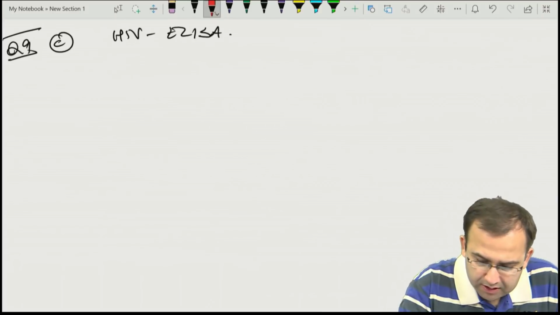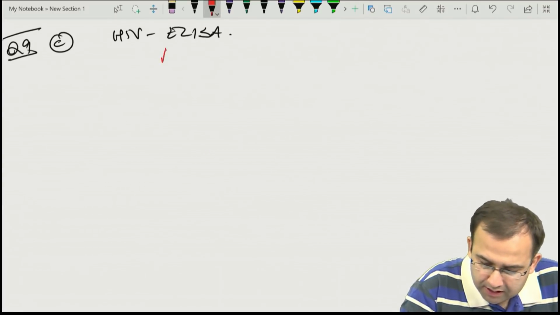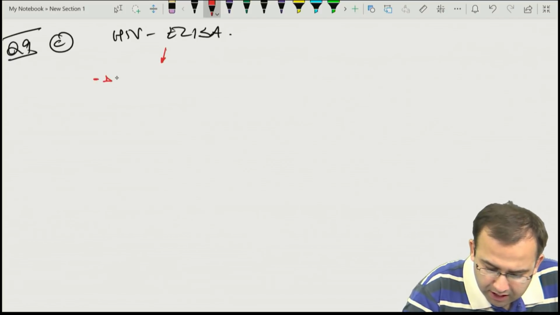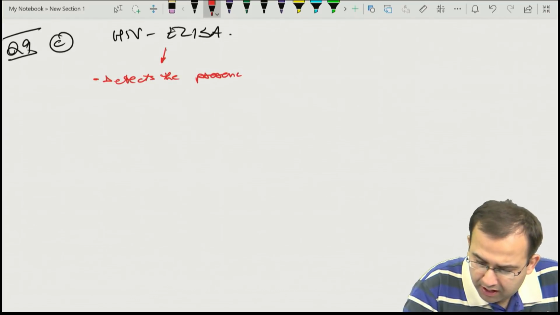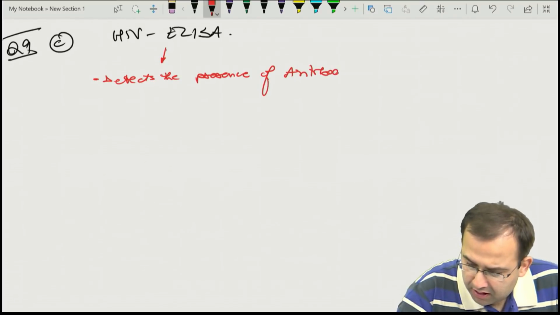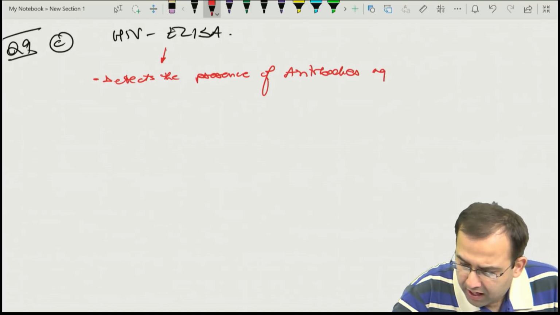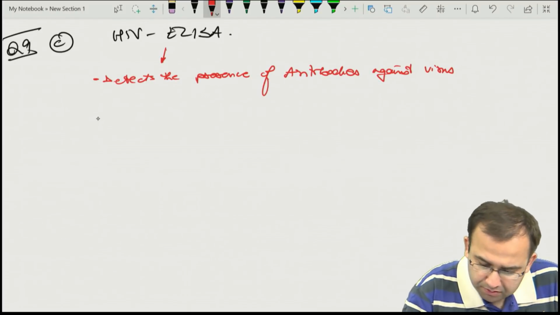So let us write this. First point. HIV ELISA detects the presence of antibodies against the virus. Next point.